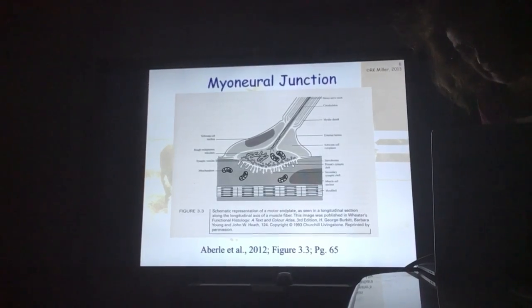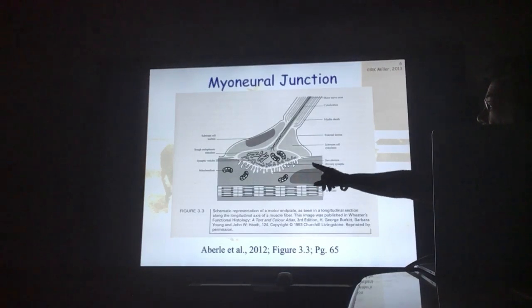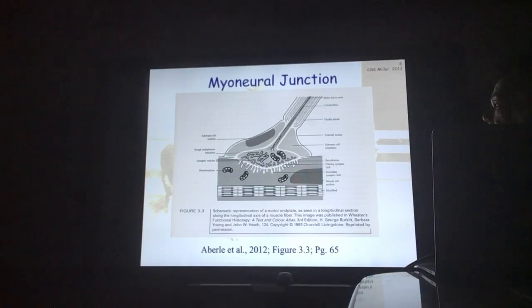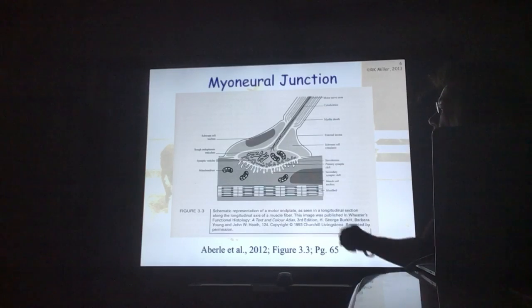So my goal in this lecture is to complete the muscle contraction, and then we'll talk about the energy metabolism on Wednesday. As you know, on Friday we stopped where we were talking about the neural junction, and we talked about how the action potential comes down here.